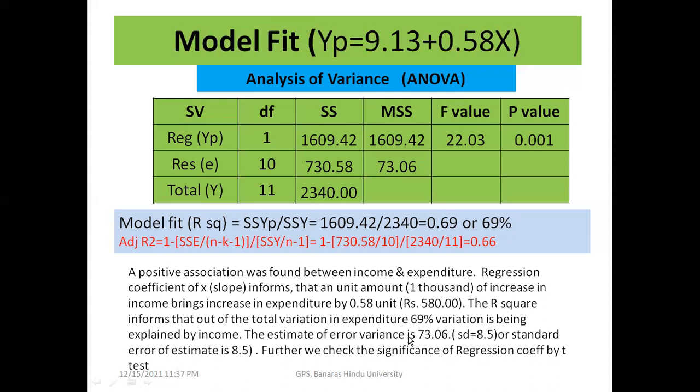The estimate of error variance is 73.6, our standard deviation is 8.5, our standard error of estimate is 8.5. It is written like that when we represent regression analysis in meaningful form.